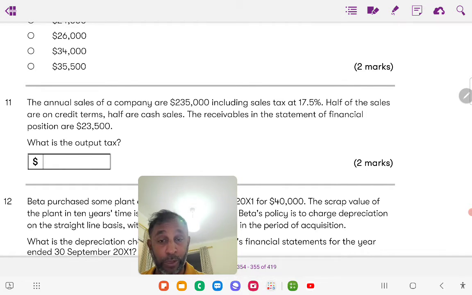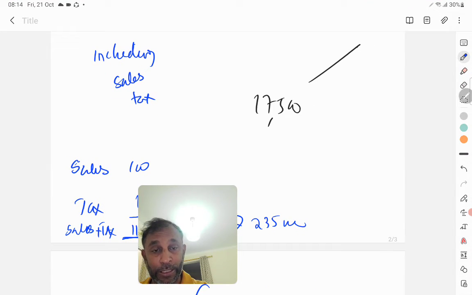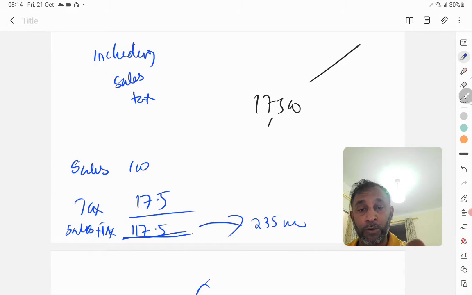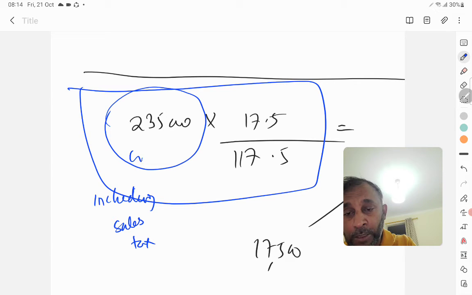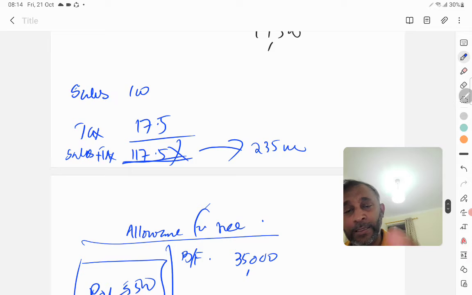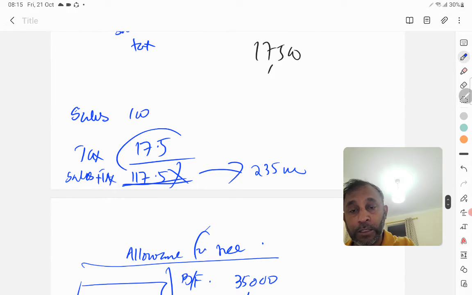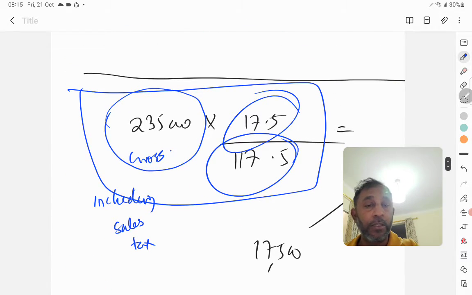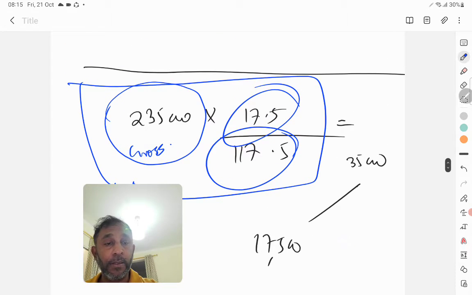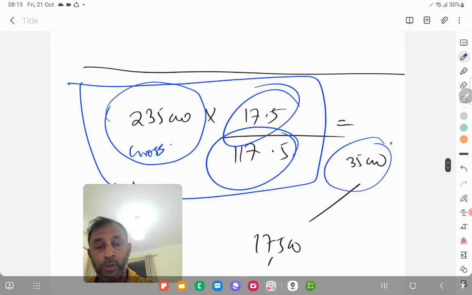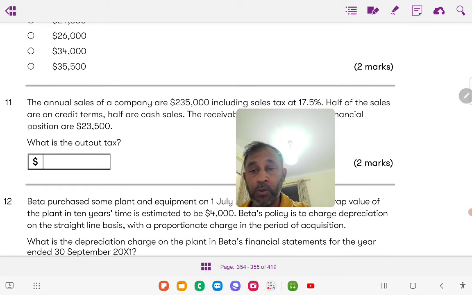We don't need to worry about that. All you have to do is this calculation here. This is the gross value, and this is what I have arrived at here, and then I need this, so that is this. So accordingly my answer will be 35,000. So you have to write down there 35,000.